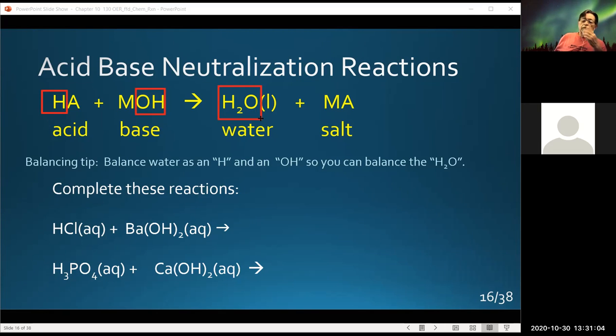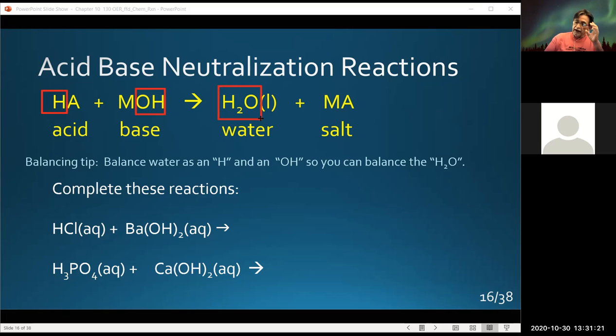We give you 1 water. Exactly. And so if I had 10 billion protons, I need 10 billion hydroxides to give me 10 billion waters, okay? Because the ratio is 1 to 1.